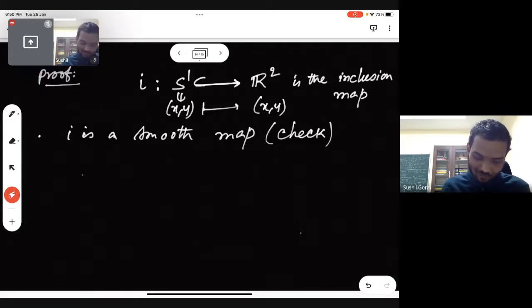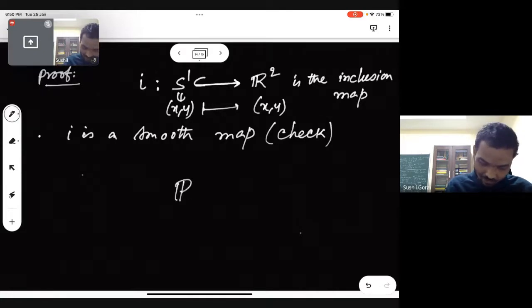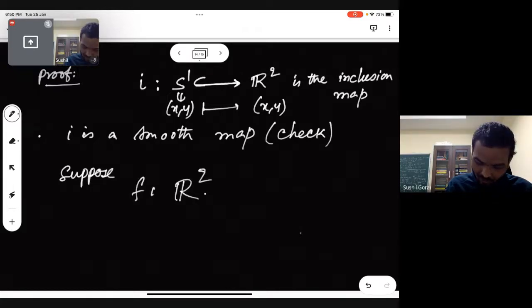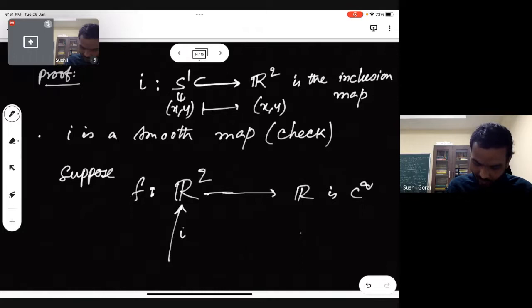Now the point is here. Now it is very easy. Suppose f from R2 to R is C infinity. Now you look at I here, S1. So this is a composition map, right?